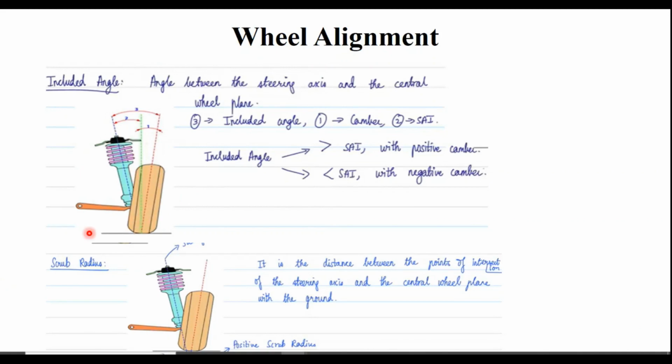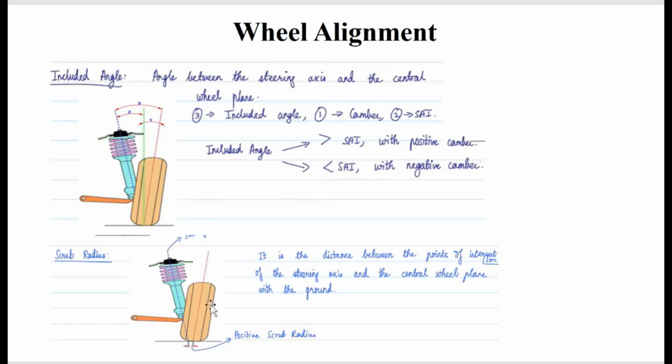Now we have two more parameters. One is the scrub radius, which is nothing but the distance between the point of intersection of the steering axis. You see here, I am extending the line for this center plane down, and I am also extending the center axis here.